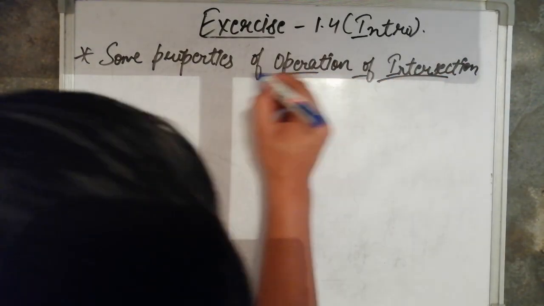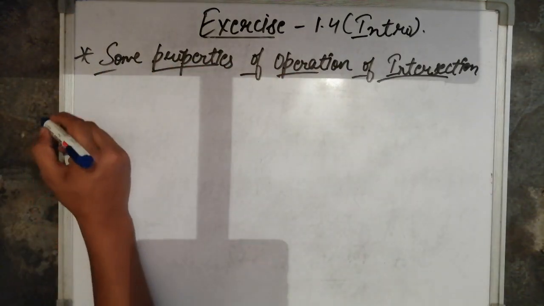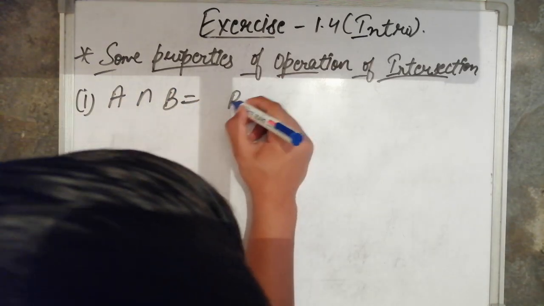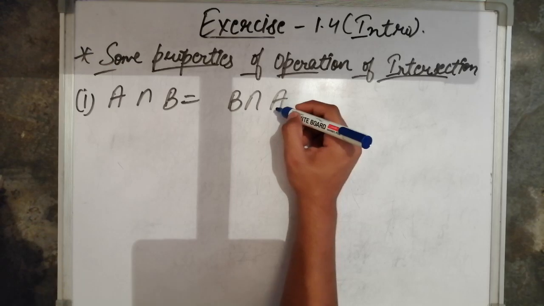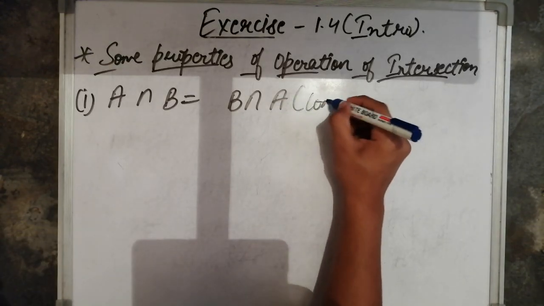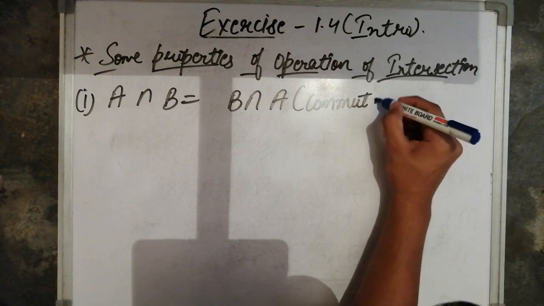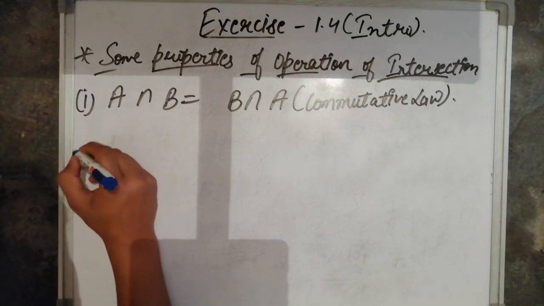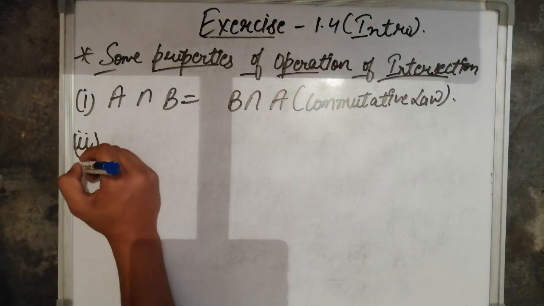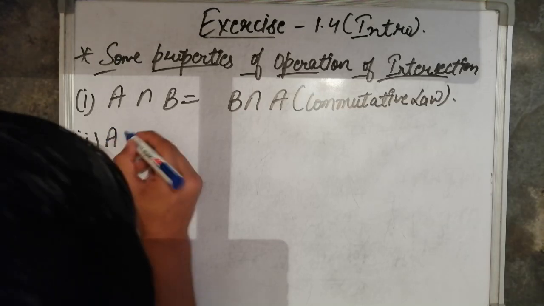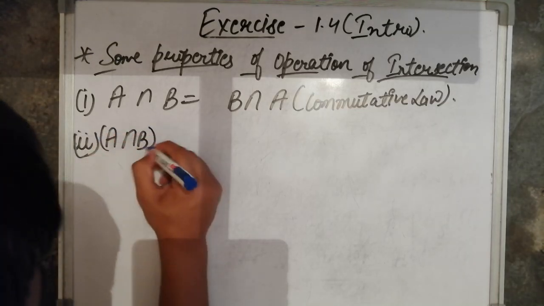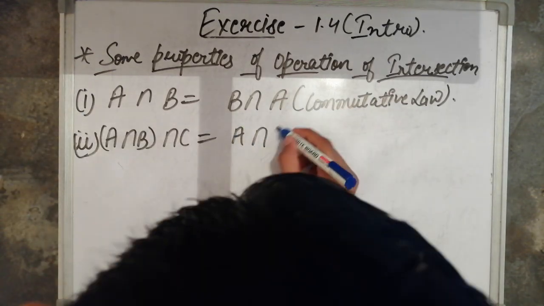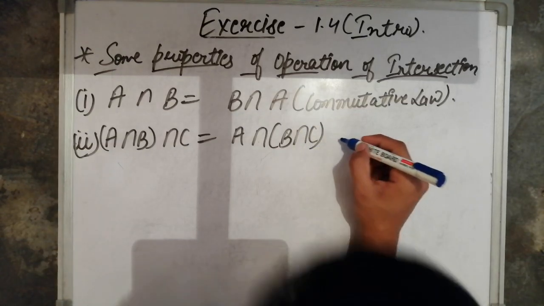Our first property is A intersection B is equal to B intersection A, which is the commutative law. Moving to the second property, we have (A intersection B) intersection C is equal to A intersection (B intersection C), which is the associative law.